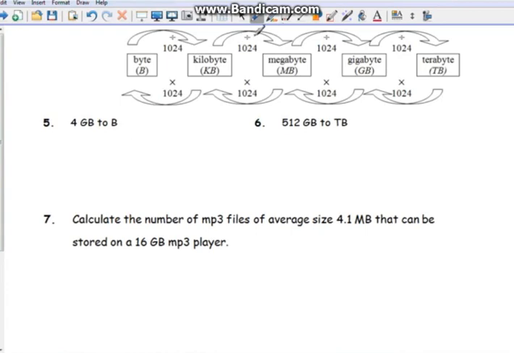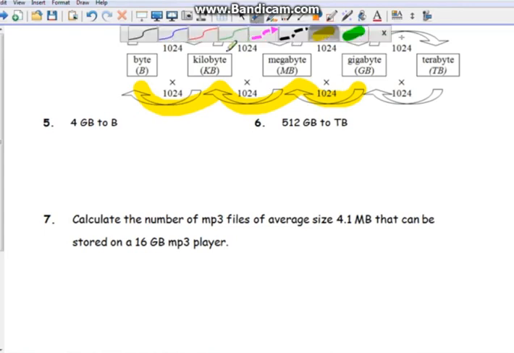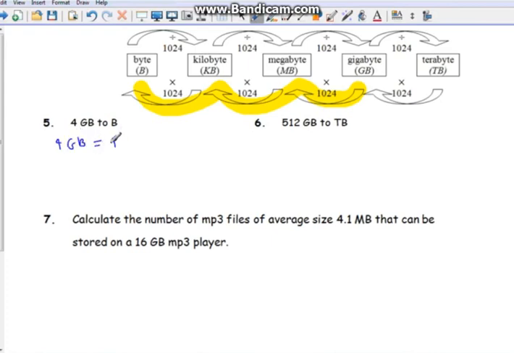We're now going to go from 4 gig to bytes. So we're going to go from gig all the way down here to bytes. So it's 3 steps. So it's going to be a very, very large number. So let's look at what we're going to do there. We're going to go 4 gig equals how many bytes? We're going to do 4 times 1024.